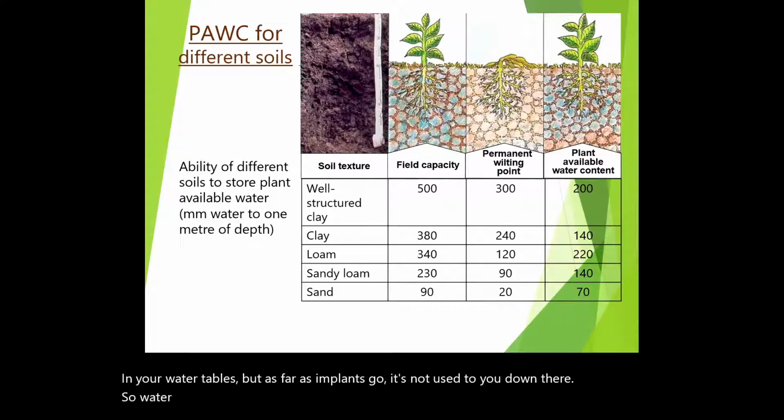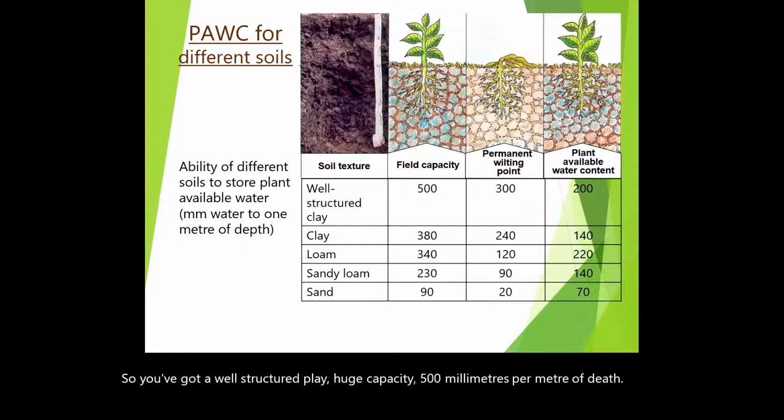So, what do soils hold? This is a really interesting little graph that I pinched from somebody, and it just shows you the different water holding capacities of different soils, which is something you wouldn't think about. Dirt's dirt. It holds water. It all holds the water the same, doesn't it? No, it does not. So you've got a well-structured clay, huge capacity, 500 millimetres per metre of depth.